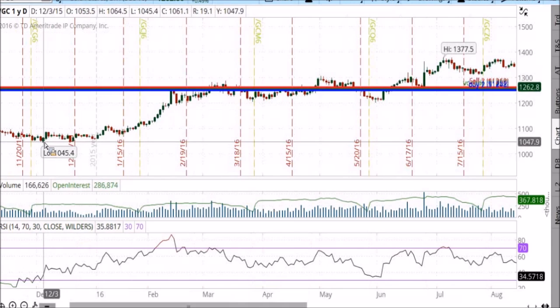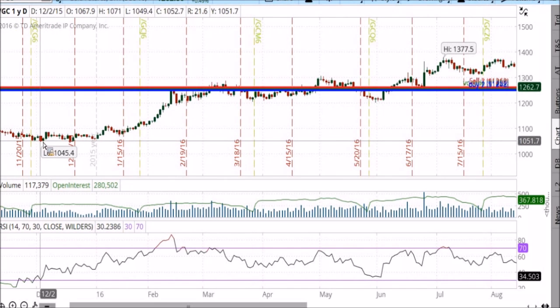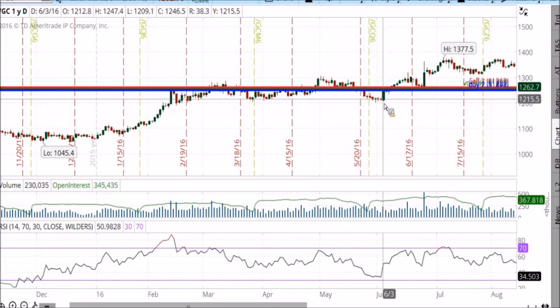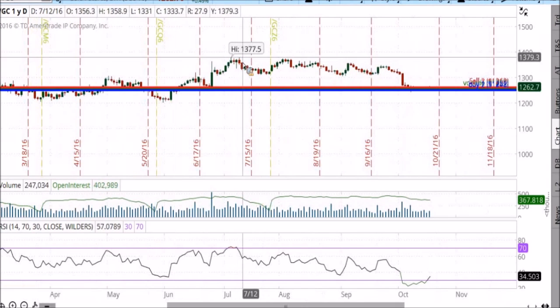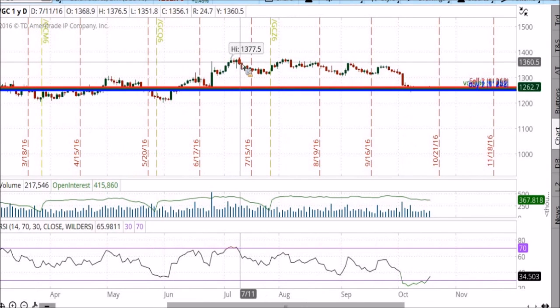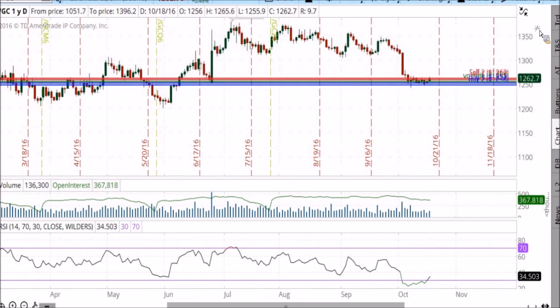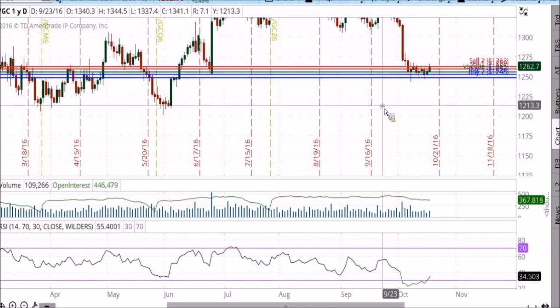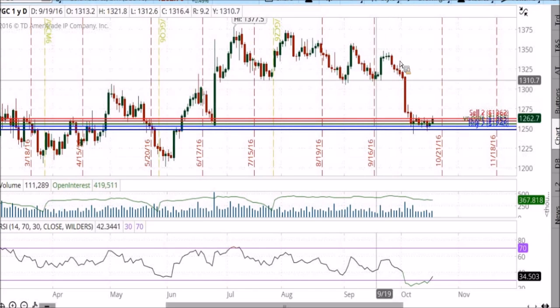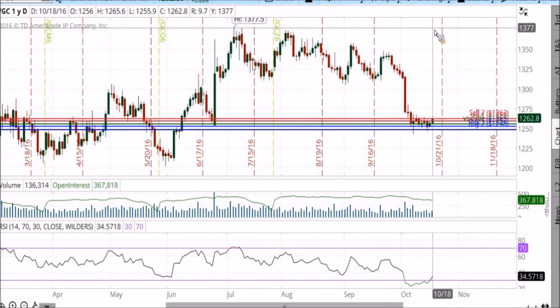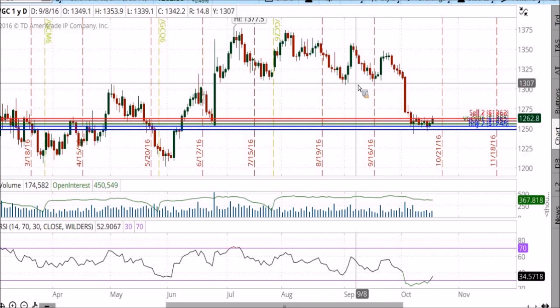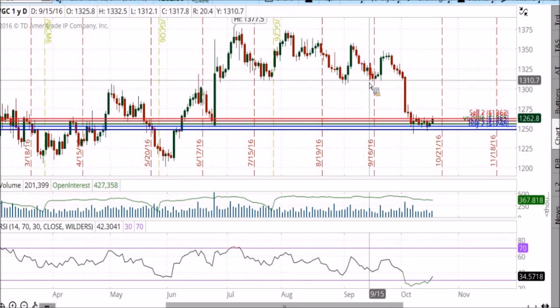Using basically that level of 1045, which was the low in gold on December the 3rd, it appears that the market has come down into a precise time and place where, instead of a high on October 15th as expected from the yearly cycle, we have made what is called an inversion.